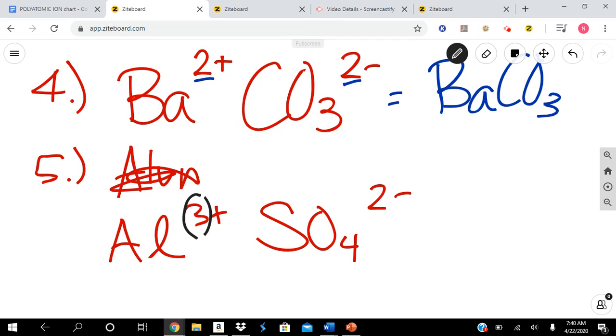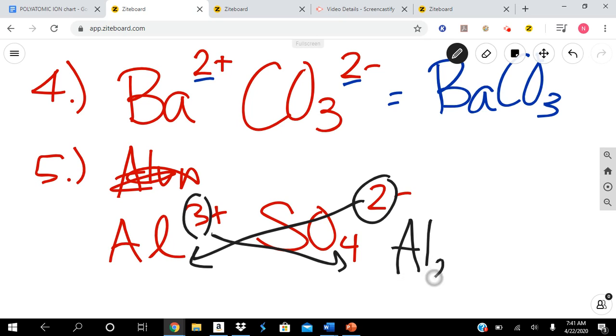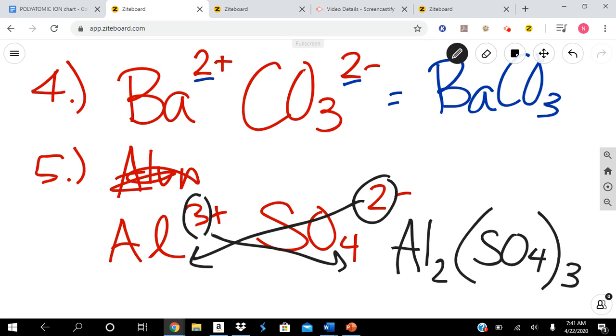So it means we're going to have a double crisscross. Al2, polys get parentheses. What do we cross down there? A 3. All right, so those are 10 practice problems that you can do.